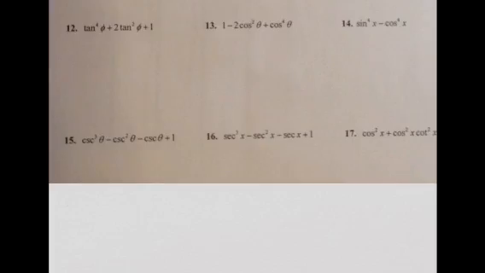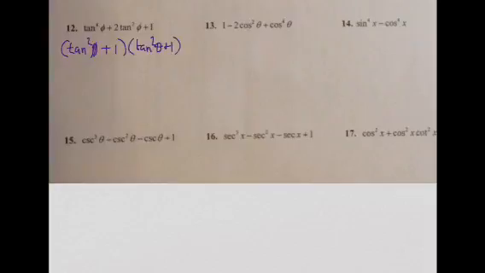So 11 and 13 could be seen as quadratics that we can factor. So let me set this up. So this would be like this. So the square root of tangent to the fourth, well, it's not theta, but we'll put tangents, would be tangent squared plus 1 and tangent squared plus 1.